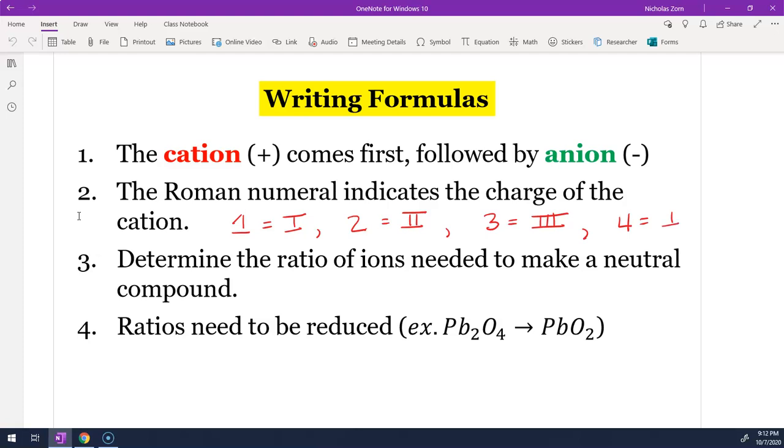It's going to be IV. Next, we're going to determine the ratio of ions needed to make a neutral compound. And then, if we need to, we're going to reduce our ratios to the simplest form.